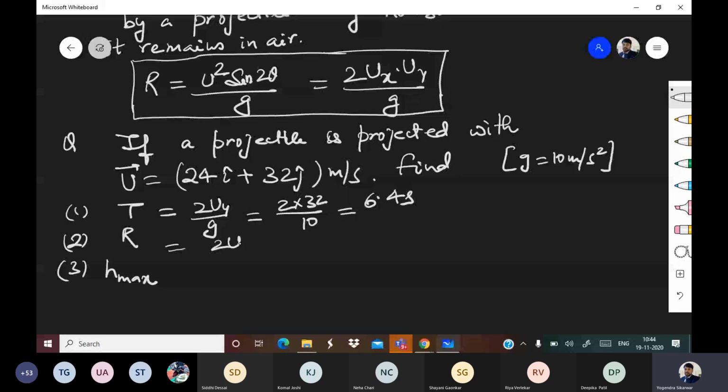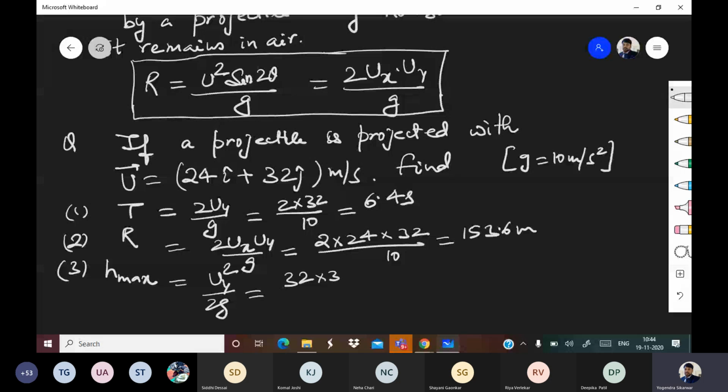Uy is how much? 32, upon g is 10, and that comes out to be 153.6 meters. H max will be uy square upon 2g. So 32 into 32 upon 2 into 10, and that comes out to be 51.2 meters. All right, understood everyone?